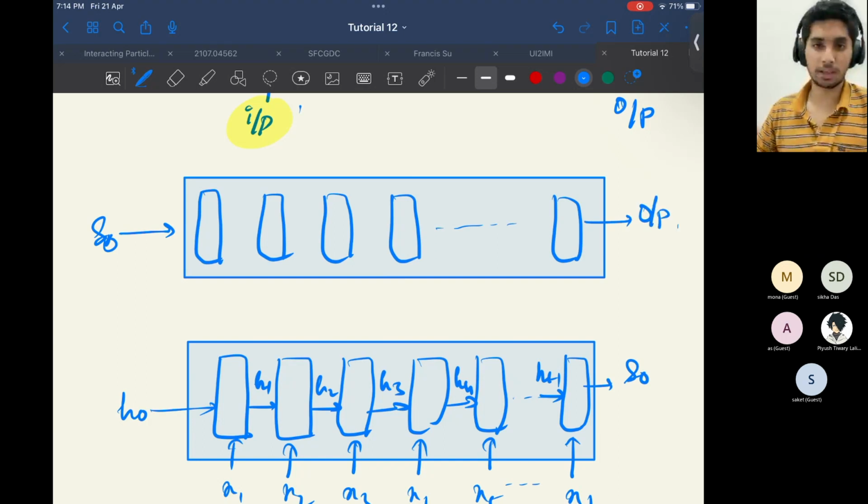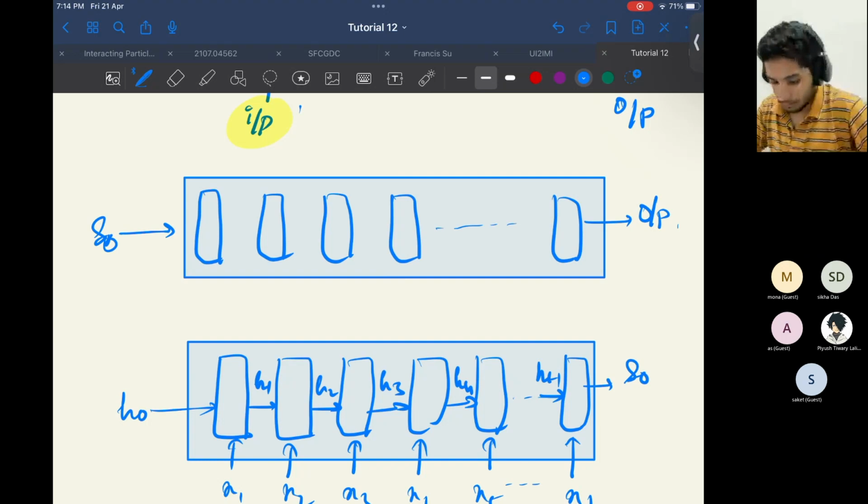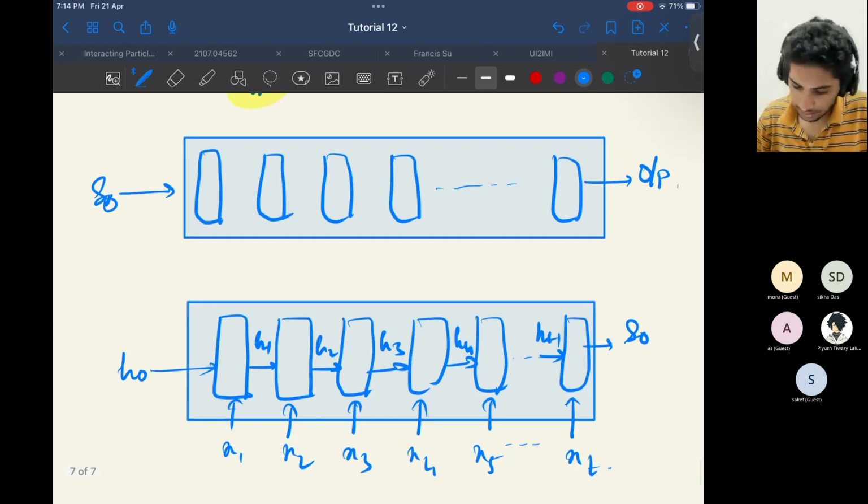So what we are saying here is that in the ideal scenario, S naught will go in and you will get some Y naught hat as output.